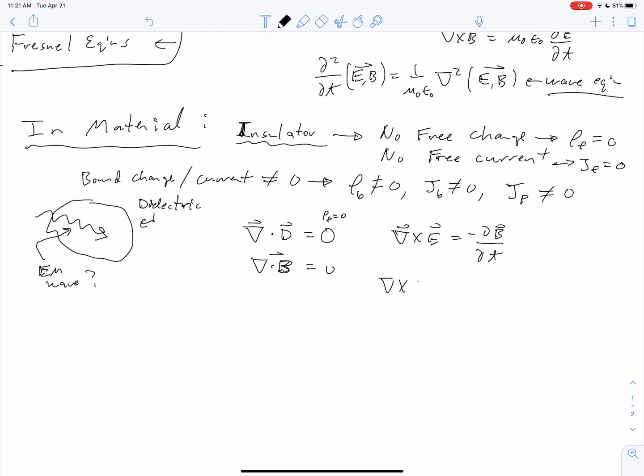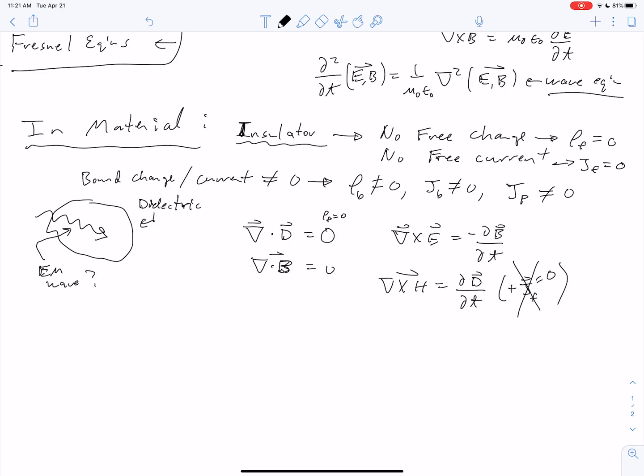But Ampere's law looked pretty different. That's the one we had the most changes, because now Ampere's law in matter is del cross H is equal to the time derivative of the D field, plus J free. But because J free equals 0, we can knock this part off.